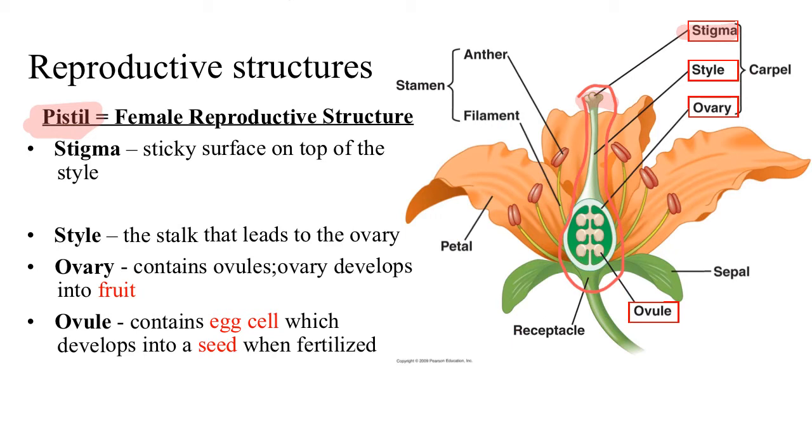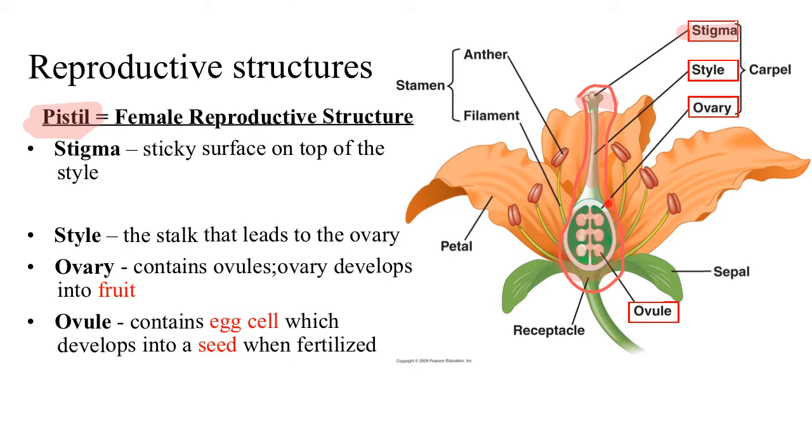Next up, we have the style, and the style is just sort of the stalk that leads down to the ovary. If you're familiar with the human female reproductive system, the style is comparable to the fallopian tube. It's just a tube that leads to the ovary. Now, the ovary is this structure at the bottom.